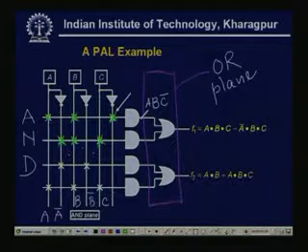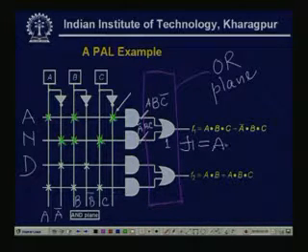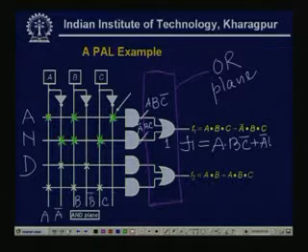So, this is A bar, B, C. The output of the second AND gate is A bar, B, C. Then these are the two inputs of the first OR gate. So, this is nothing but F1 is A, B, C bar plus A bar, B, C.